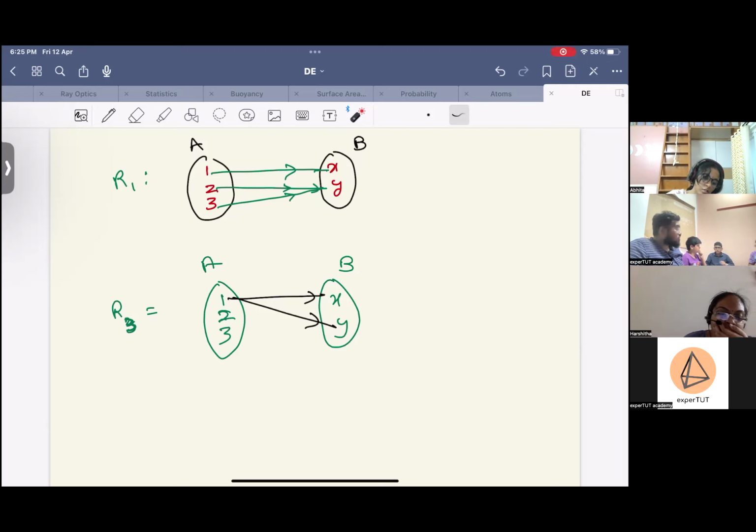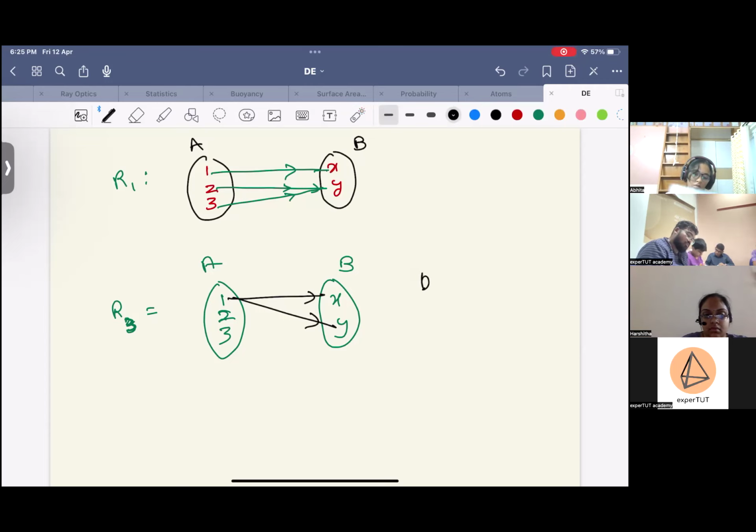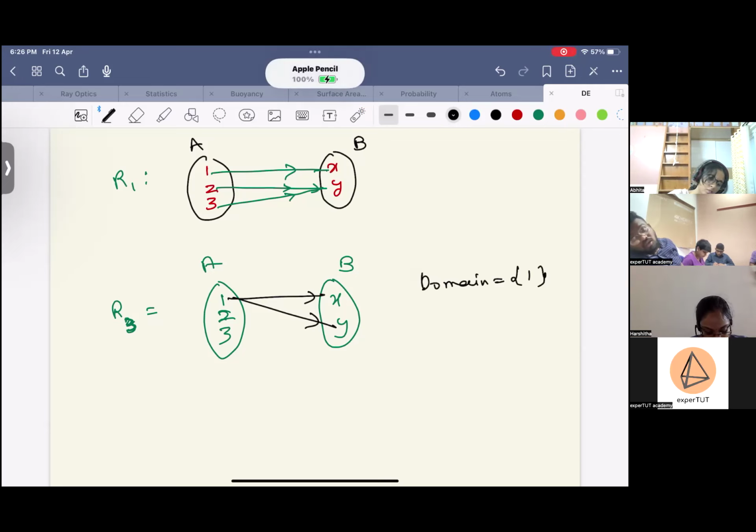Whatever is connected on the left side. In R3, what is connected? Only one, no? So only one is the domain. So in R3, the domain you will write. Yes, whatever is connected on the left side is called domain. Guys, online, have you understood?